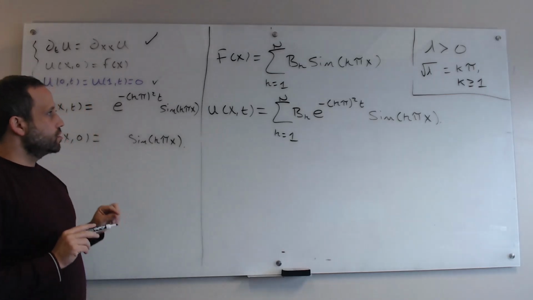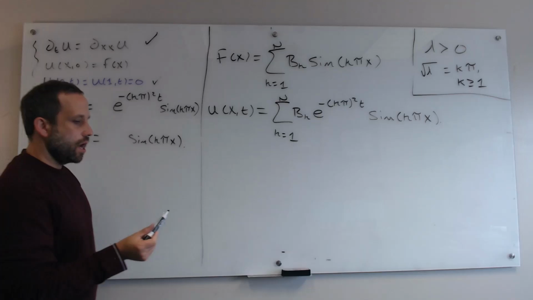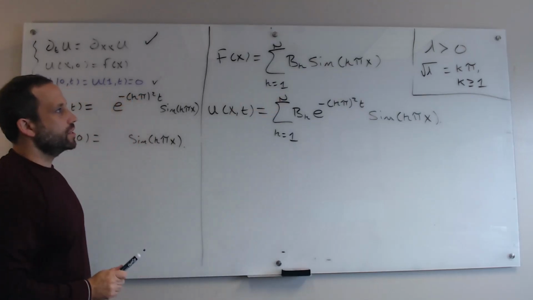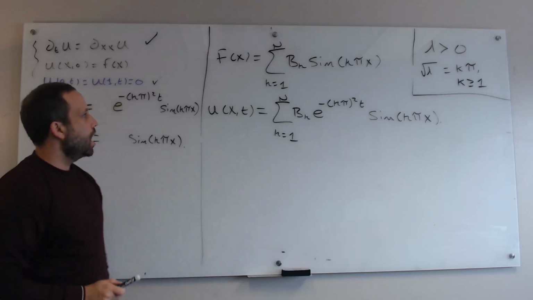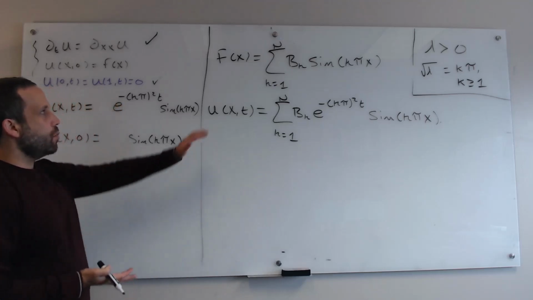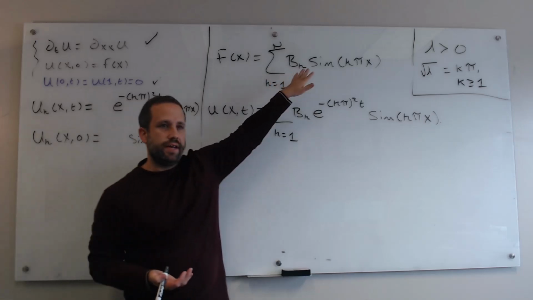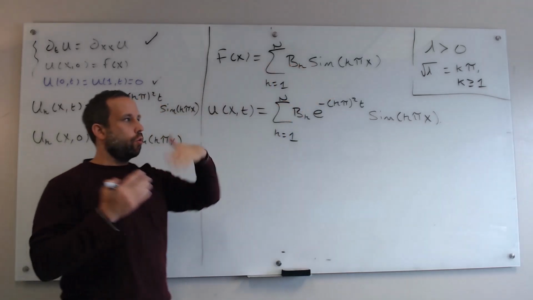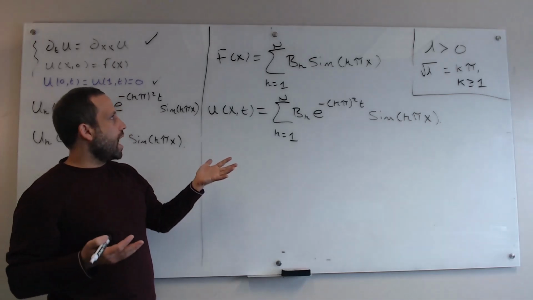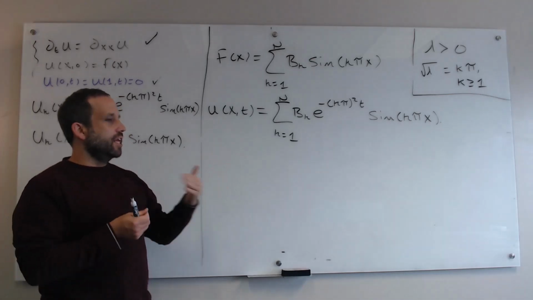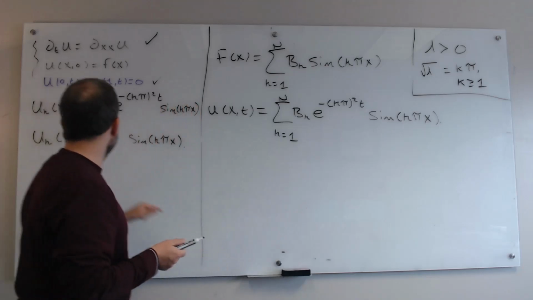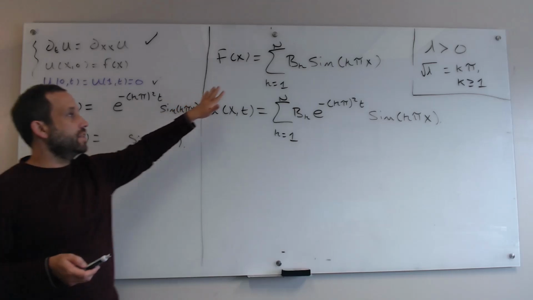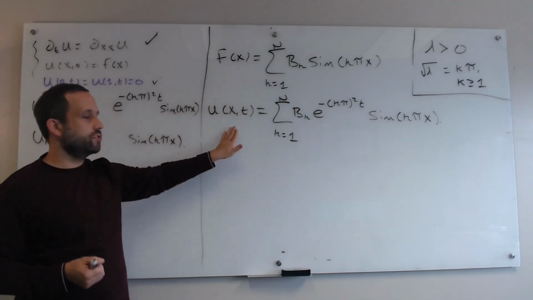Okay, so there's a lot of questions to be answered here. One, I need to explain why lambda is greater than 0. That's going to come much later. Two, I need to explain, okay, well, what happens if f of x is not written like that? Or should we expect that f of x will be written like that? I've made this a little more general than what we saw in a solution like this. Now, if we happen to know that f of x is a linear combination of sine functions, then we can solve this problem.